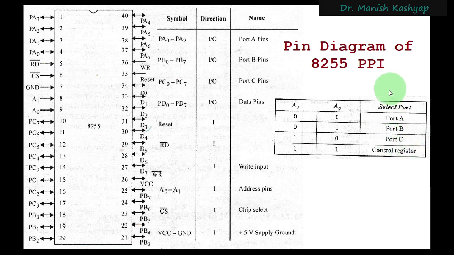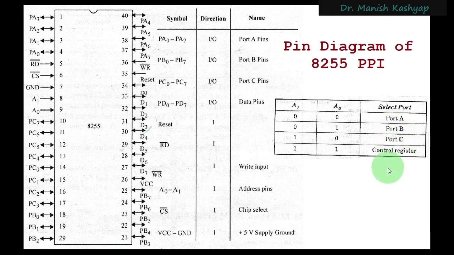When I say port A, it simply means port A of 8 bits. But when I say group A, it means port A and the upper nibble of port C. Similarly, port B plus the lower nibble of port C, that is the lower 4 bits of port C, when combined, is called group B. So you can say you have three ports, or two ports of 8 bits and two ports of 4 bits each.